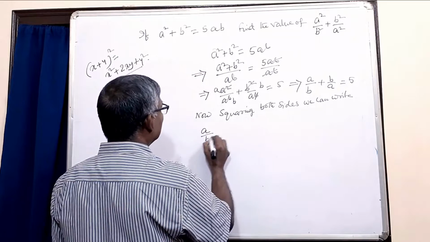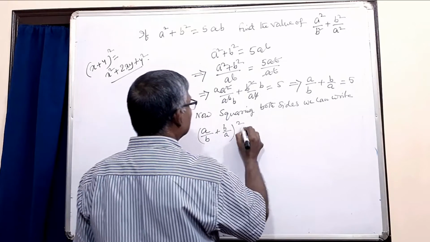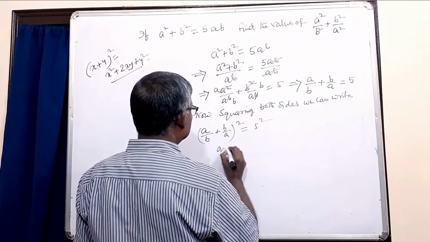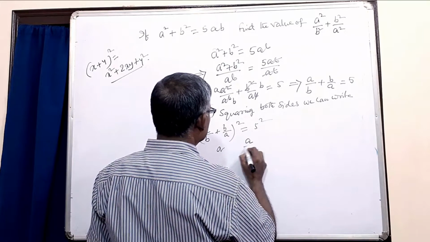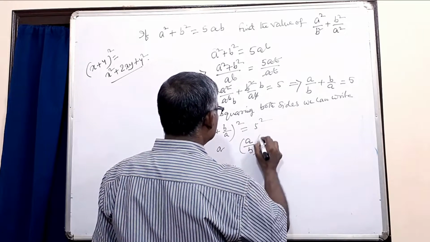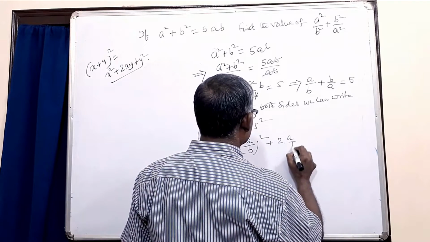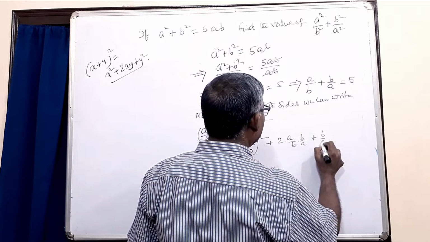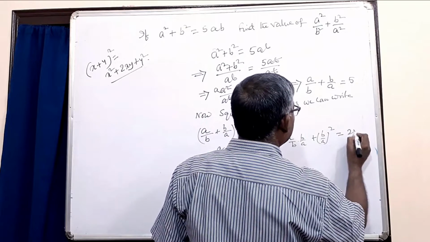a by b plus b by a whole square equals 5 square, or what is the value of this? a by b whole square plus 2 into a by b into b by a plus b by a whole square equals 25.